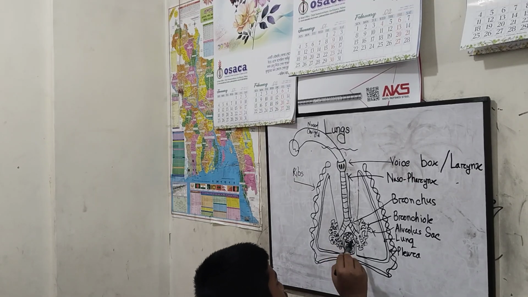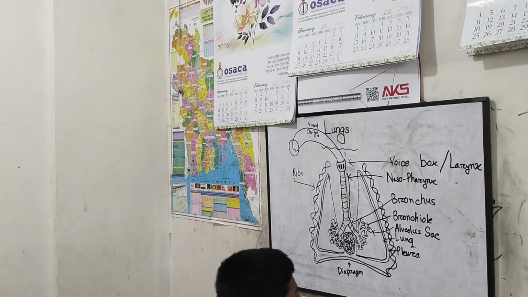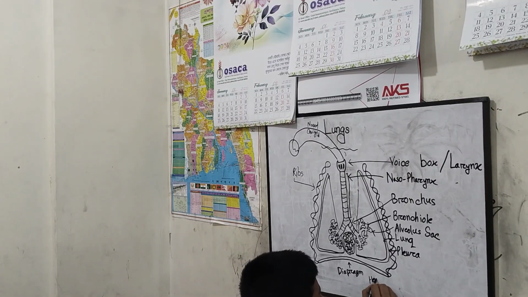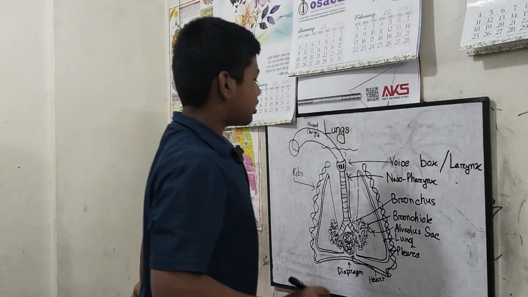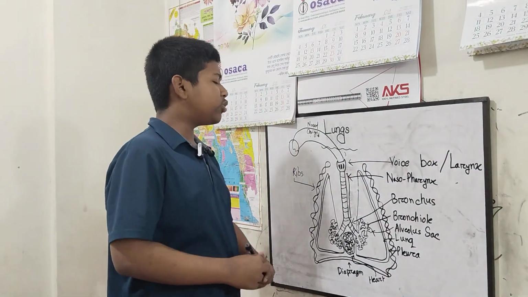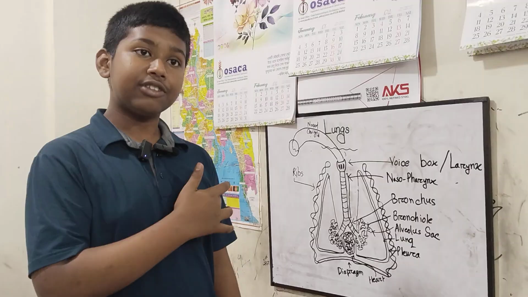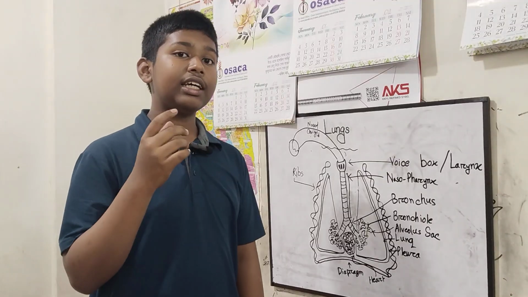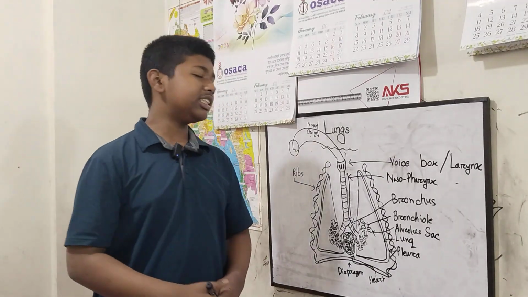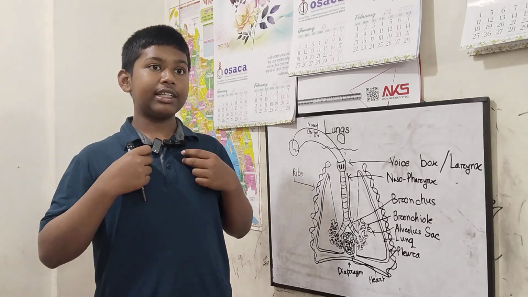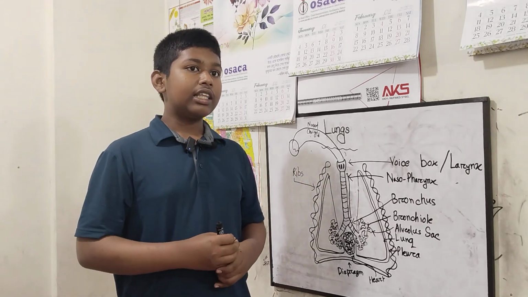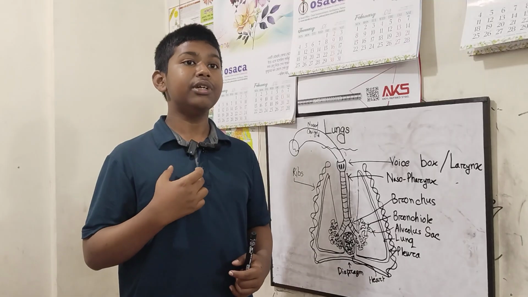And you see this round object, guess what? It's the heart. But why is the heart between the lungs? We know that the heart is on the left side of the body. That is a little bit correct, a little bit incorrect. The lungs are directly placed in the middle, but you see the right lung is a little bit bigger.